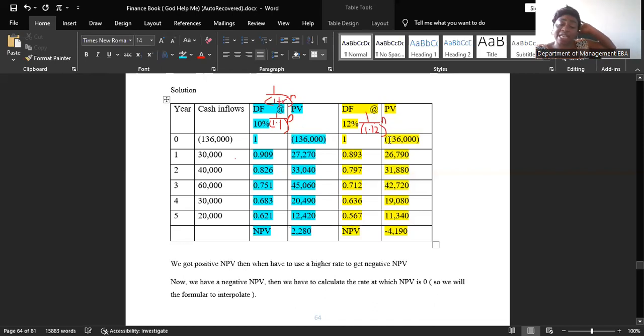The first one, so the second one. Okay, so it will be this amount and this discount factor, this amount times this discount factor, this amount times this discount factor.